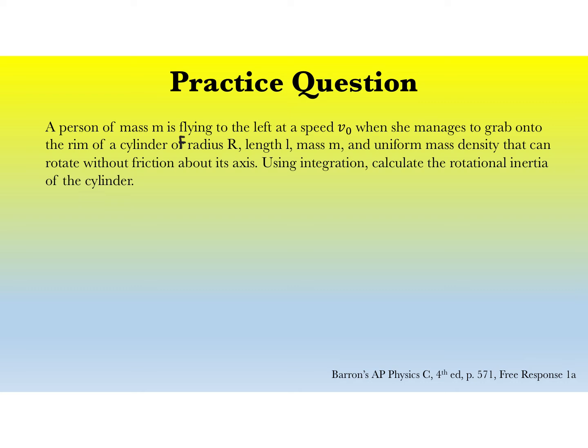So using integration, we want to calculate the rotational inertia of the cylinder. This is a situation where we are going to do some calculation with that integral, but it takes a lot of setup to actually get to the point where we can take an integral.